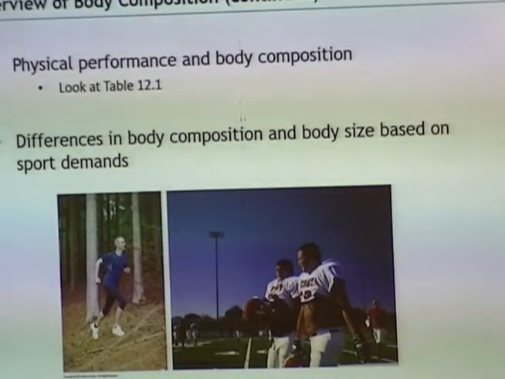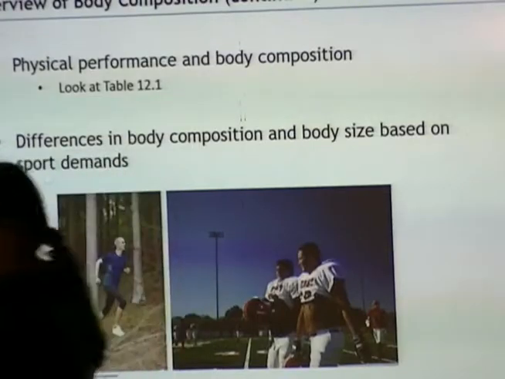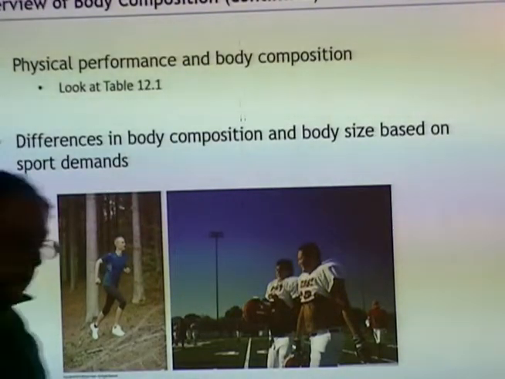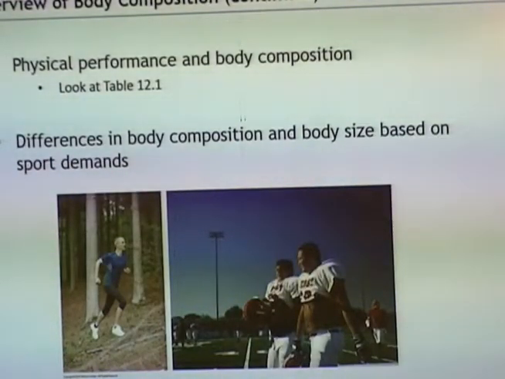So if you have a look at table 12.1 in your books, which is on page 352, that table and table 12.2 on the next page give you some idea. In 12.1, they're looking at American football players.